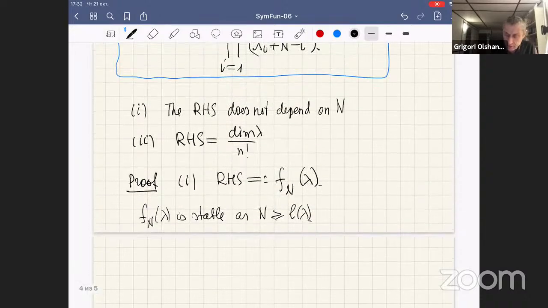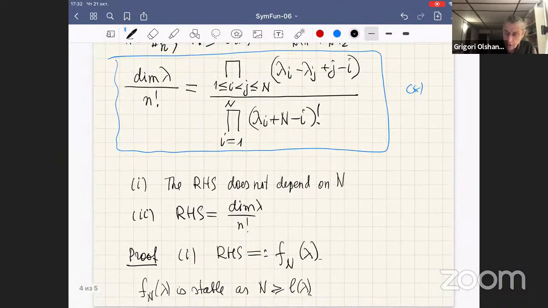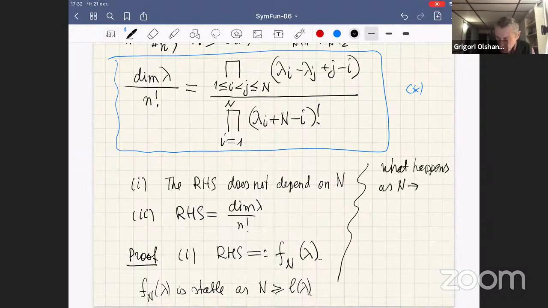So what happens? Look at this formula. As n grows by 1, we pass to the next value of capital N. Then we have that lambda n plus 1 is equal to 0.